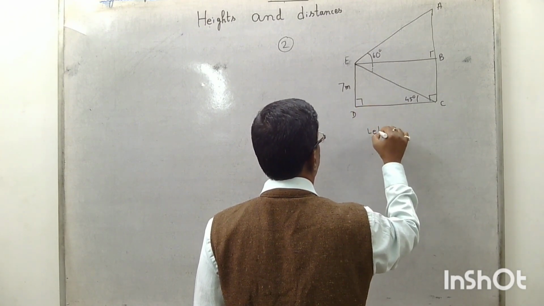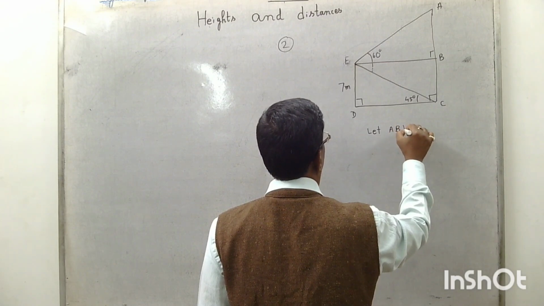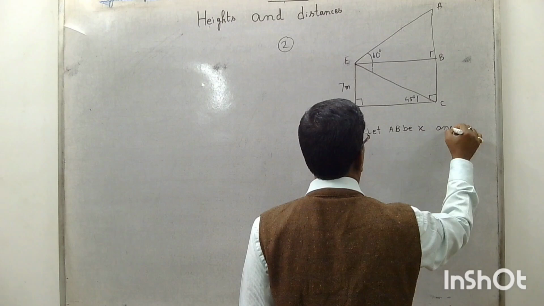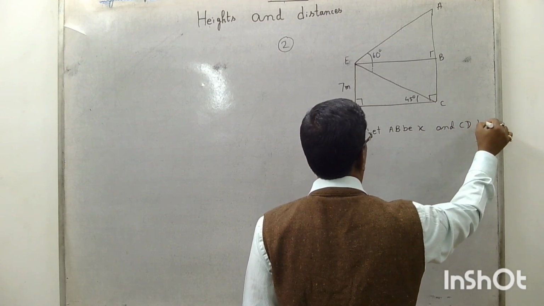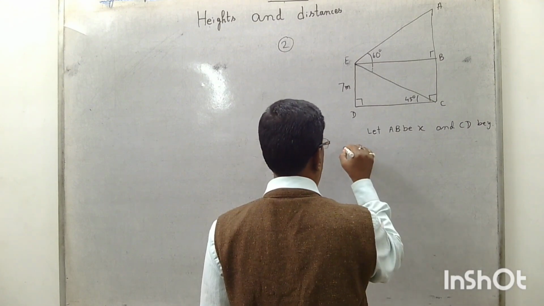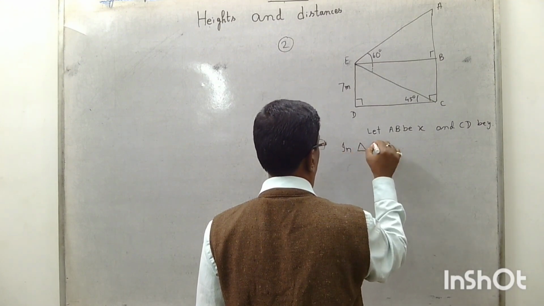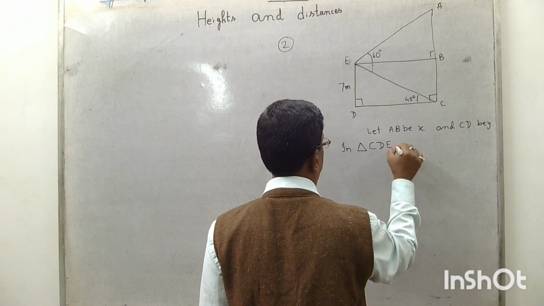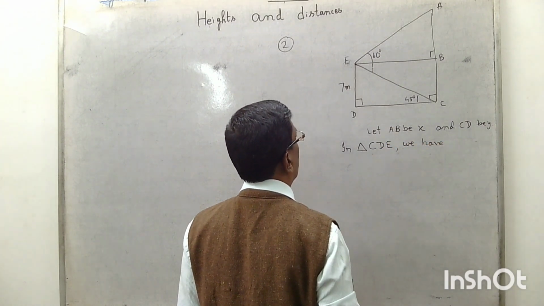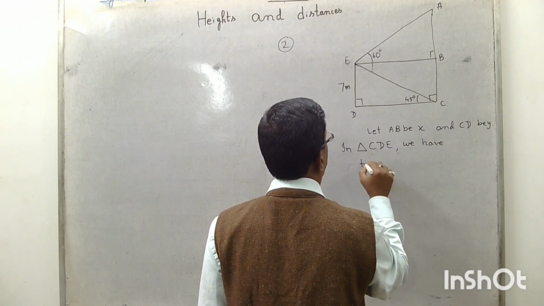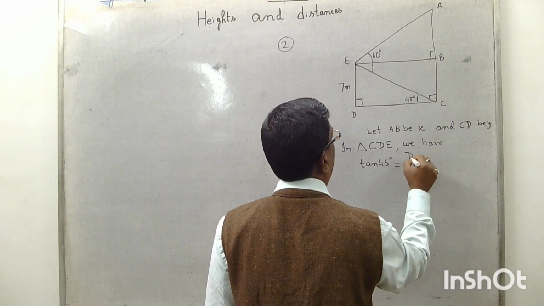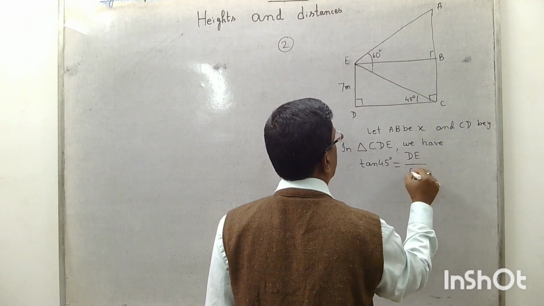Let AB be X and CD be Y. In triangle CDE, we have tan 45 degree equal to DE by CD.